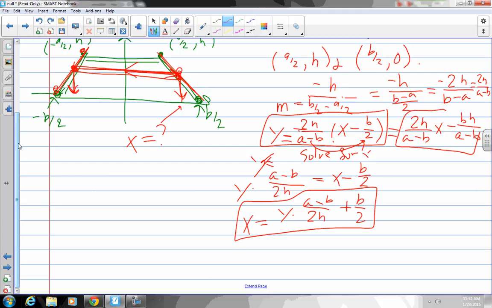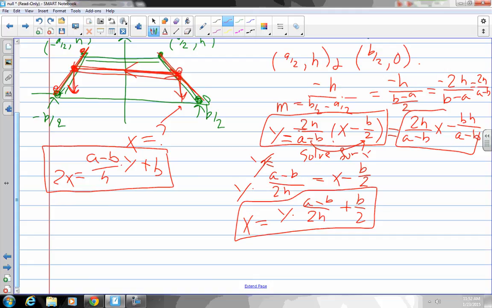If x equals this, then 2x is times it by 2. So the 2 cancels here. I'll write it as a minus b over h times y, and then the 2 cancels there, plus b. This is the length of a side, right? And I have 2 of those sides.